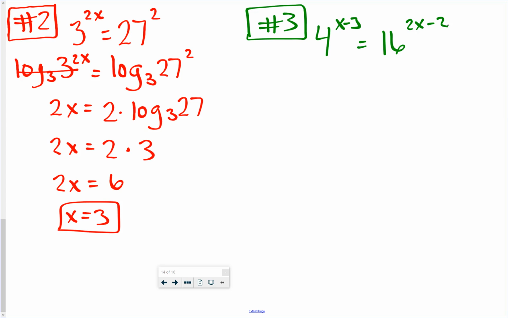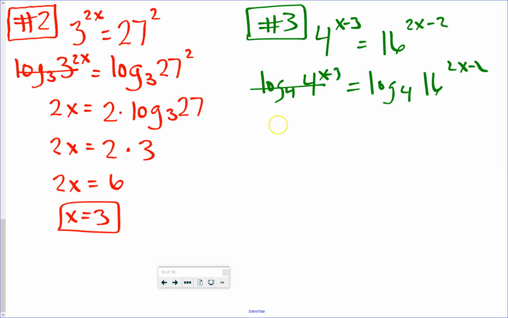I'm going to pick log base 4, personally. What you cannot do is log base 4 on this side and then a log base 16 on this side. You really want to, but you cannot do that. They have to either both be base 4 or both be base 16. I'm going to make them both base 4.